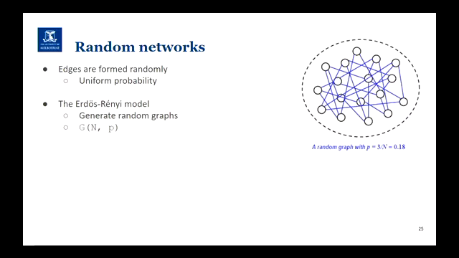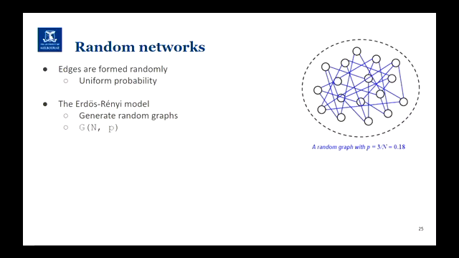So, for instance, if we have this graph here with a probability of 0.18, let's actually consider that the probability to generate an edge or not is 1 out of 6, okay? And we have, let's say, 17 nodes. 17 nodes will have 17 times 16 divided by 2 potential edges.